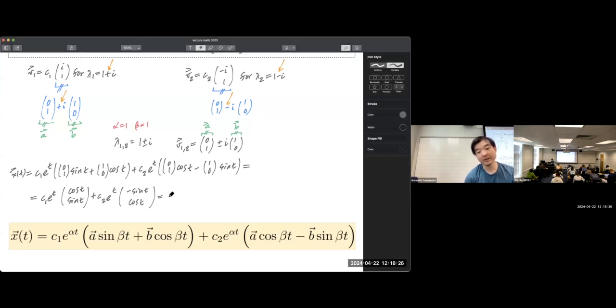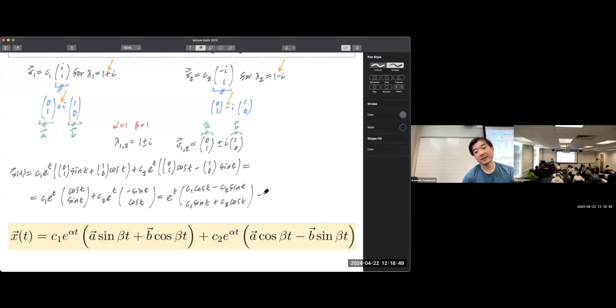And I guess you could even distribute the C1s and combine this together, and you'll get that this is e to the t times C1 cosine of t minus C2 sine of t. And then this will be C1 sine of t plus C2 cosine of t.